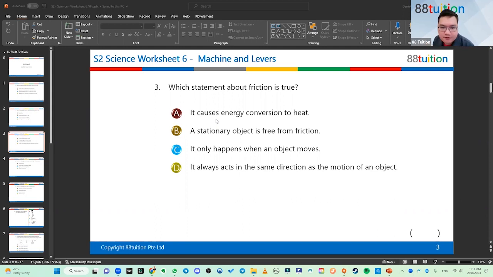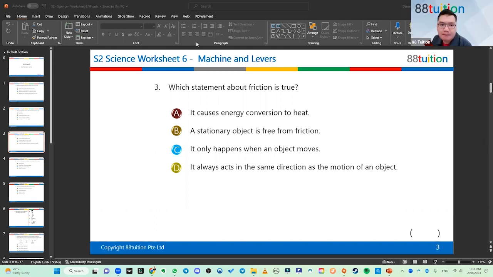C, Ezekiel: It only happens when an object moves. Is it true? D, Sherman: It always acts in the same direction as the motion of an object.